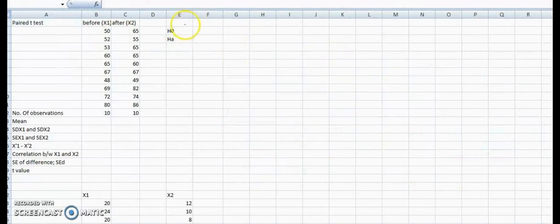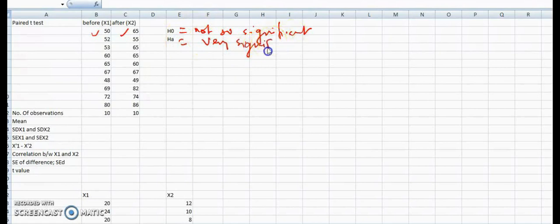The null hypothesis says that the difference between these two groups, the result that is obtained between two groups, is not so significant. And the alternative hypothesis is that they are very, very significant. Now let us prove which of them has to be rejected and which one has to be accepted.